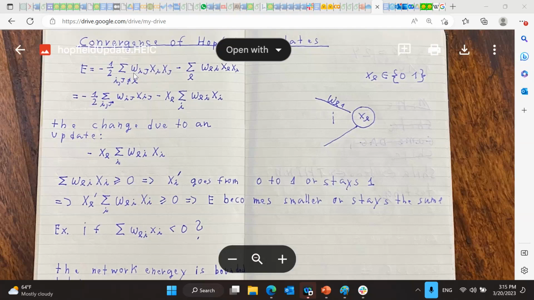Because I'm randomly picking, at each stage of the update as I retrieve the element, I'm picking a neuron.